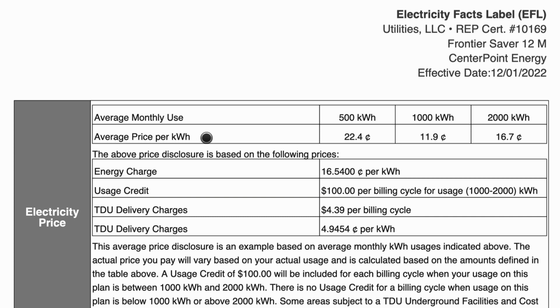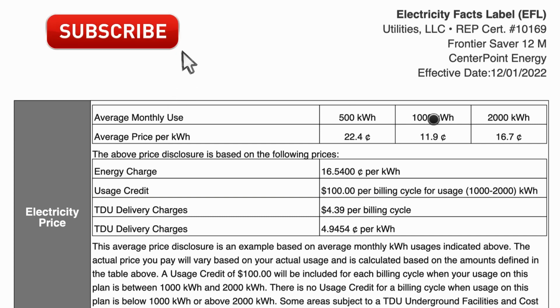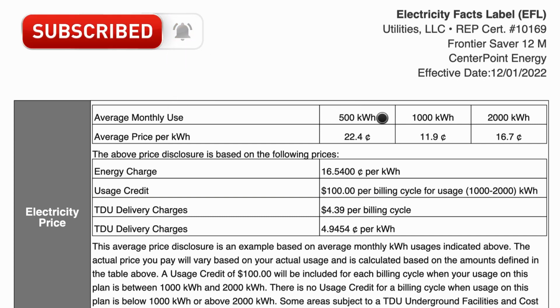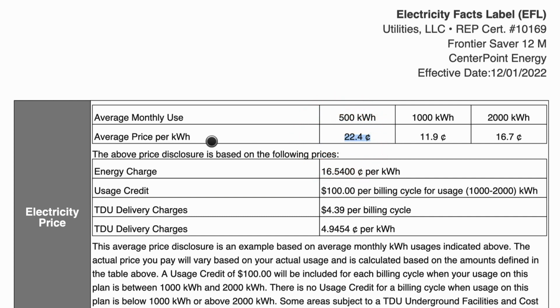Now, this is an average price, so depending on the usage, in this particular plan, if you use 500 kilowatt hours, then you have this rate. Then you're going to have a different price if you use an average of 1,000 kilowatt hours, and then a different rate if you use 2,000.